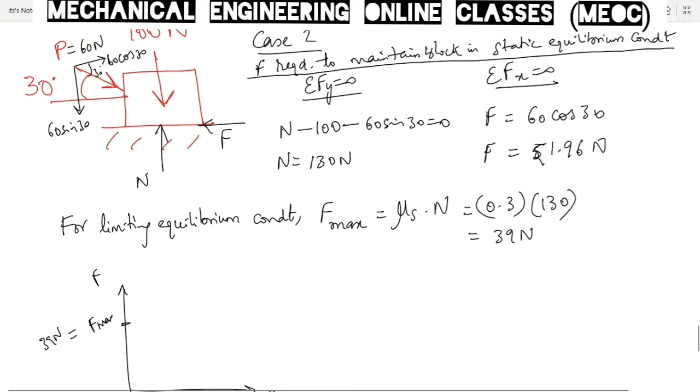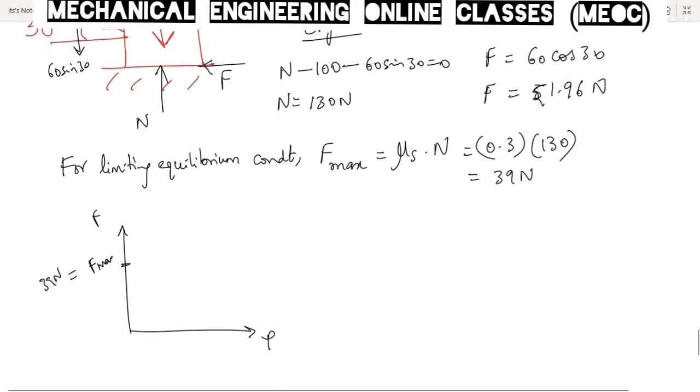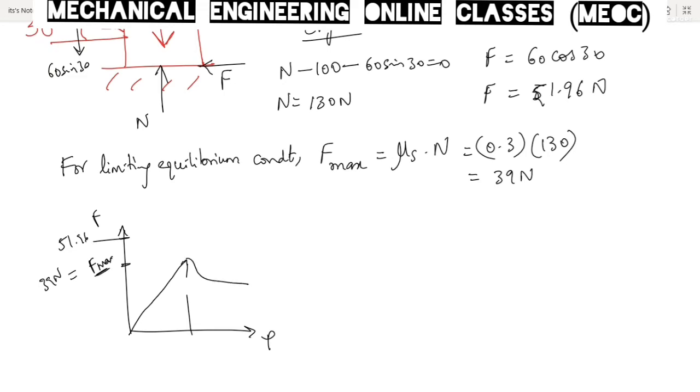So for the object to stay in static position, means the object to stay at rest, the friction that it should develop is 51.96. But friction cannot be more than F max, that's why it is limiting friction. So it will automatically come down and the object will start moving.